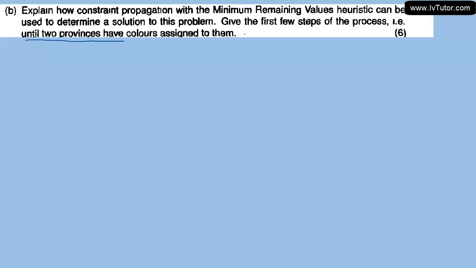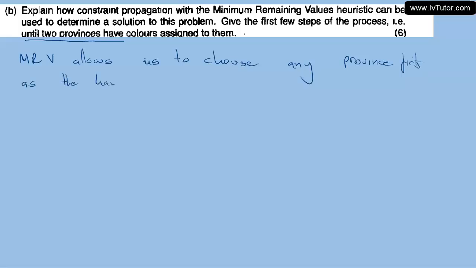Right? So we're saying that MRV allows us to choose any province first, as they have the same domain.